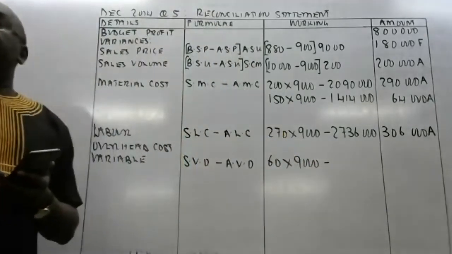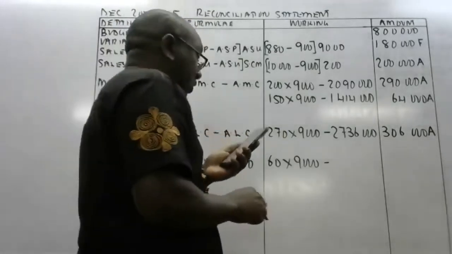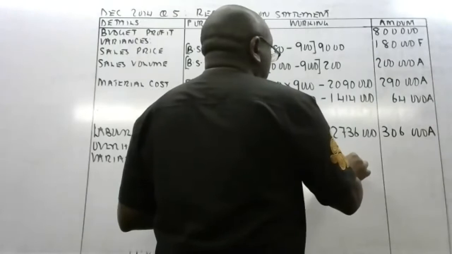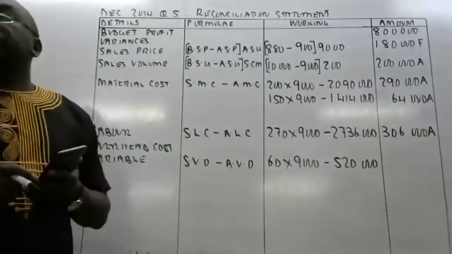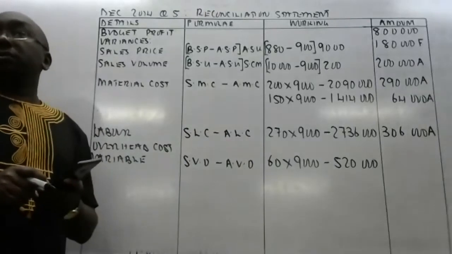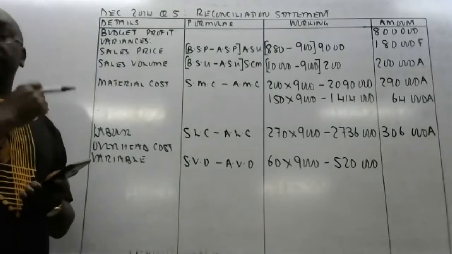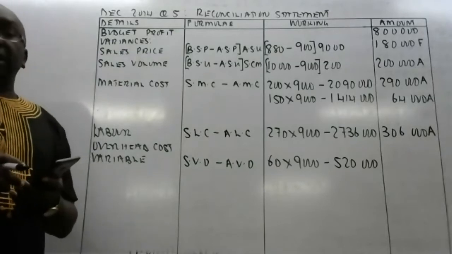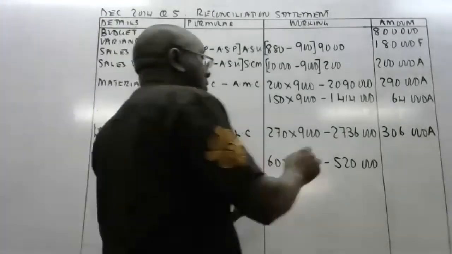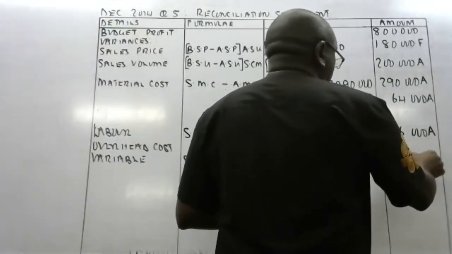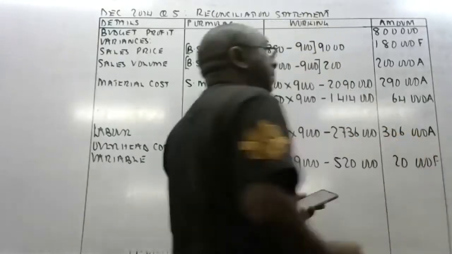Then the actual results below it is 520,000. That gives us 20,000. Favorable or adverse? Favorable.